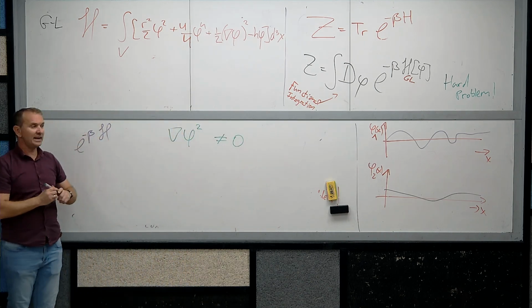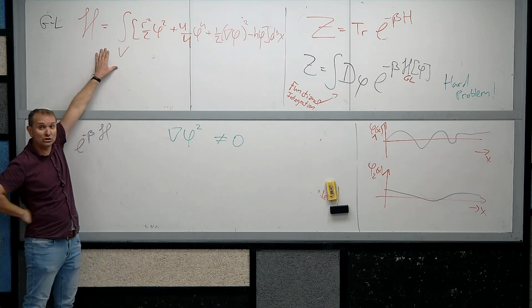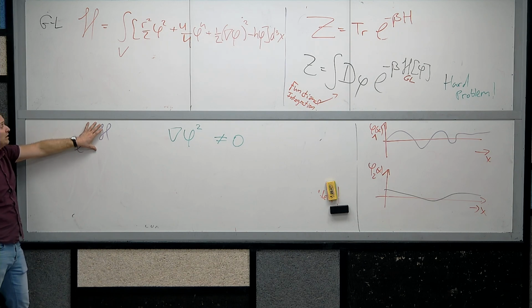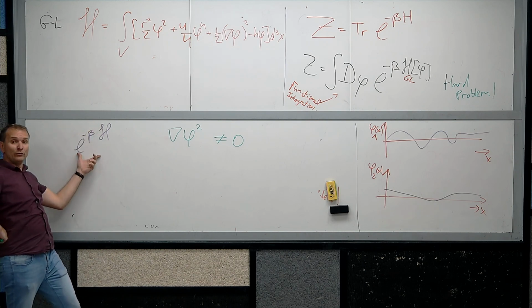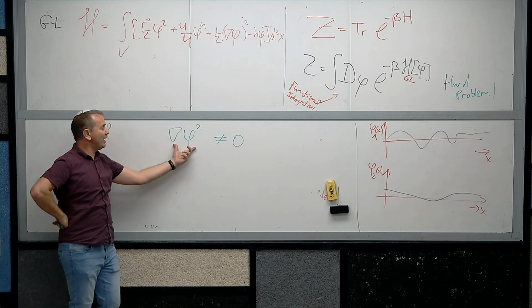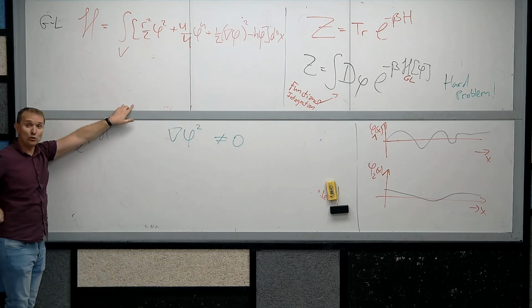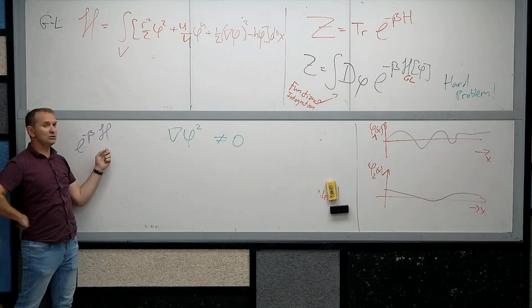The moment that this guy is not 0, I have an exponential contribution to the Hamiltonian that will diminish the value of this e to the minus beta h. So when grad of phi is not equal to 0, those situations diminish the value of e to the minus beta h.